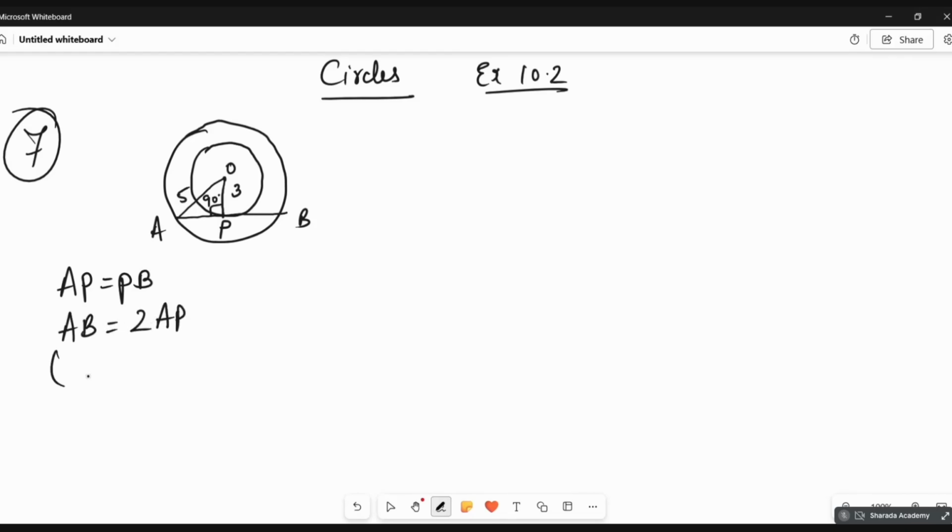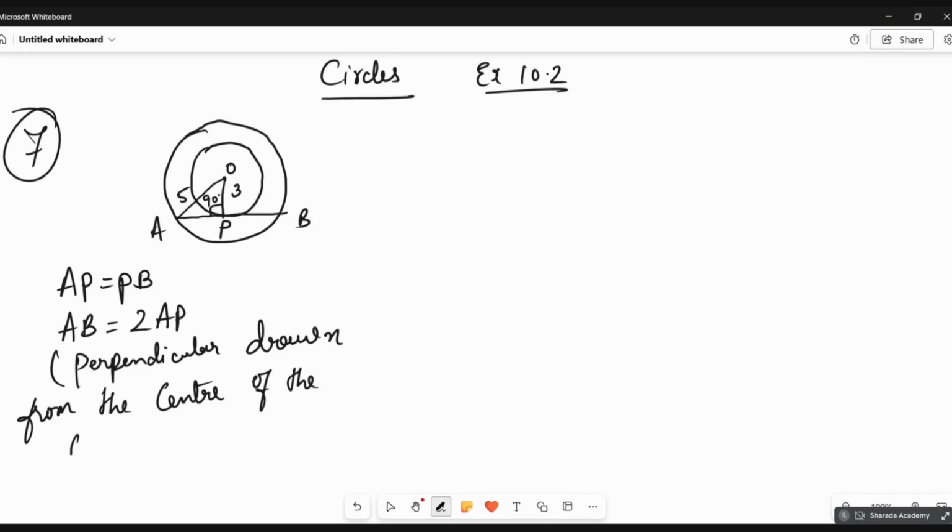We know this because a perpendicular drawn from the center of the circle to the chord divides the chord, or bisects the chord. So this is the reason.